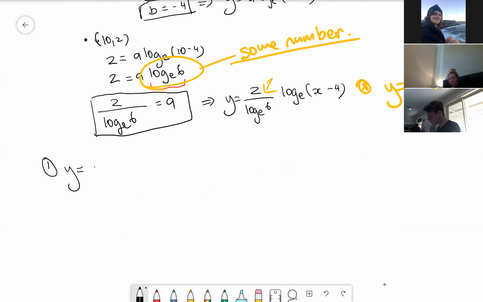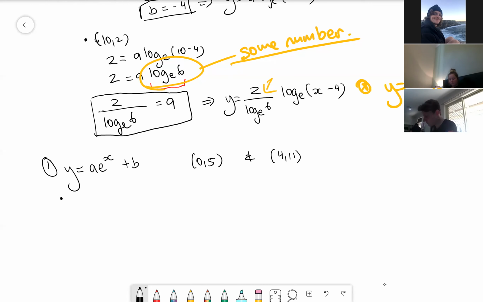So we're given y is equal to a e to the power x plus b. And we're given the coordinates (0, 5) and (4, 11). You need a minute or so to catch up from the last question? You're all right? Okay, sweet.